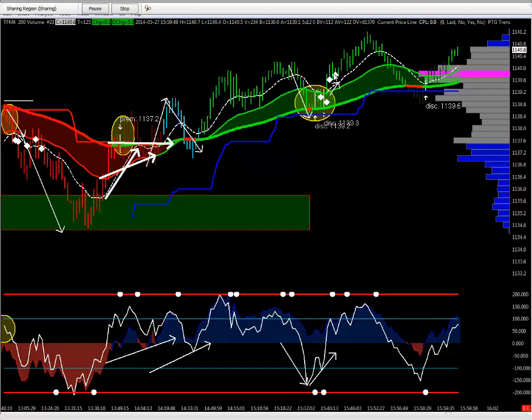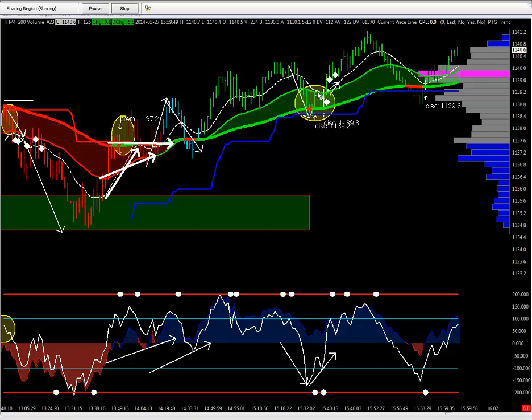Yes, you're paying up a touch, but it's not really going to be that significant. You're trying to get an average price into at or around that fair value zone. So your goal here is always to try to get a net average price within the context of the fair value zone.